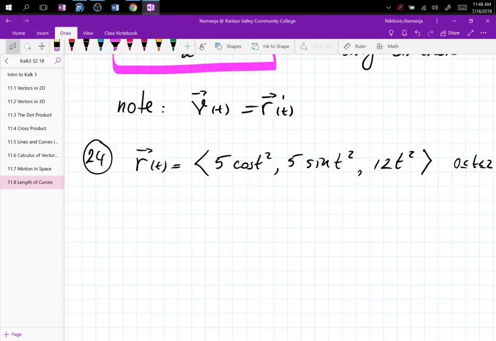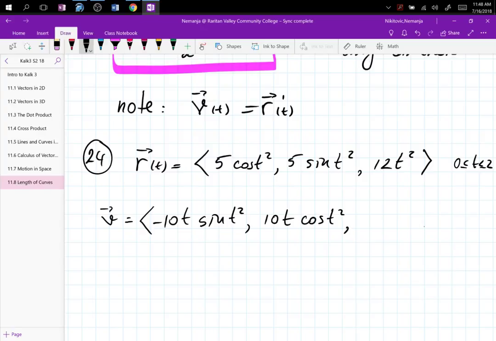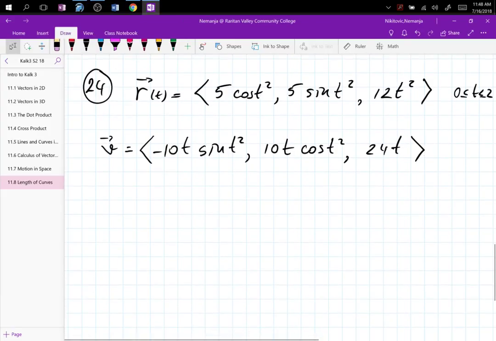So we have our r, so the velocity vector v would be the derivative of this monstrosity here. That's going to be negative 10t sine t squared, 10t cosine t squared, and 24t. That's our velocity vector v.